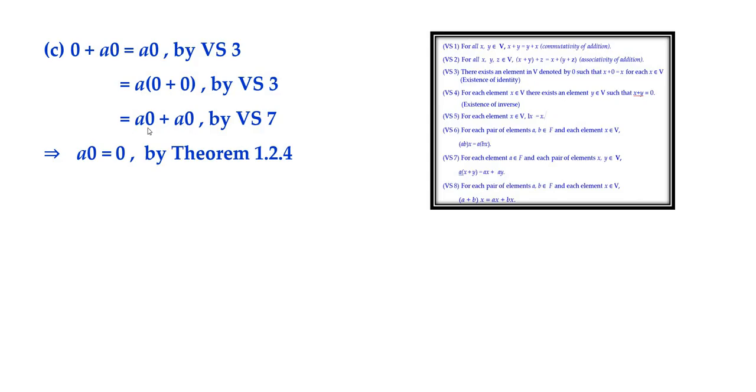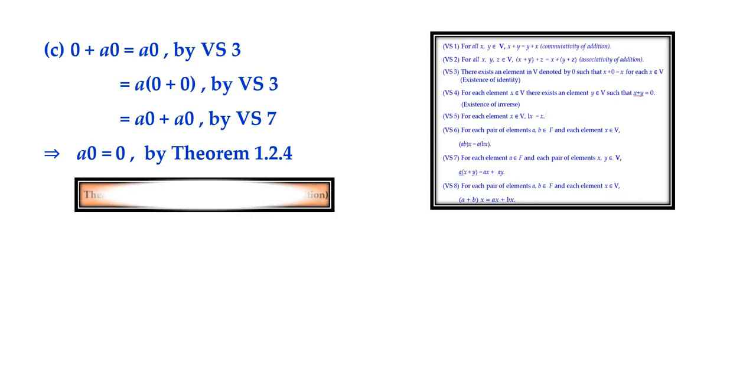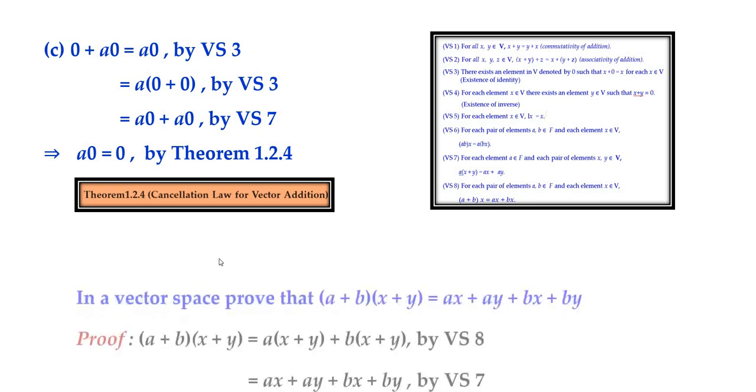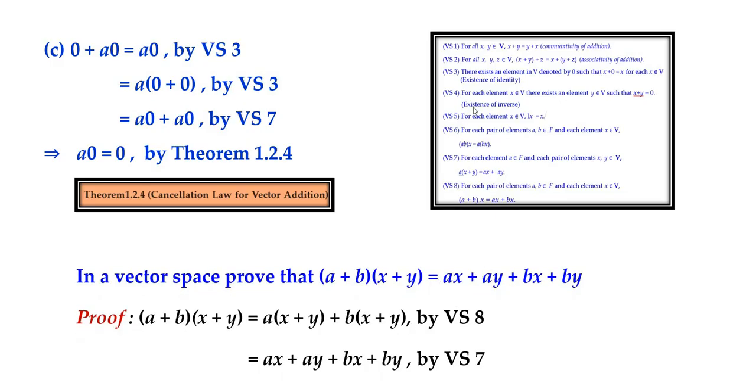So VS7 is to be used. So you have a0 plus a0, and again by the same theorem you have, but that is cancellation law. You have right cancellation law. You have a0 to be equal to 0. So now based on the property, we can easily prove this. This is one of the exercise problems.